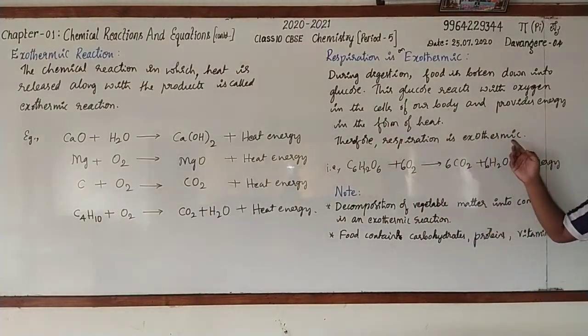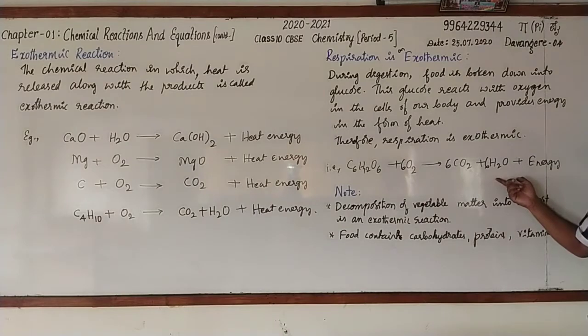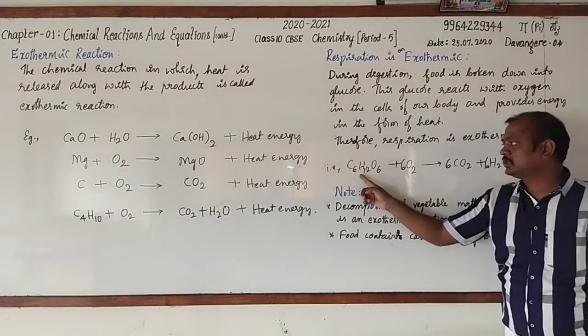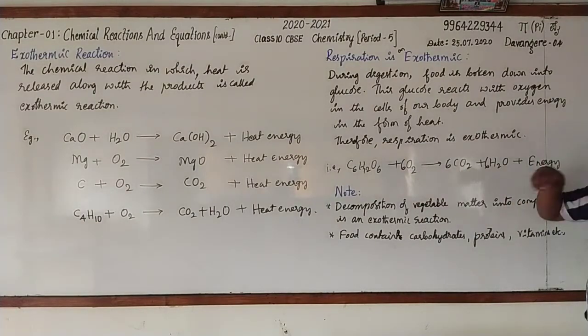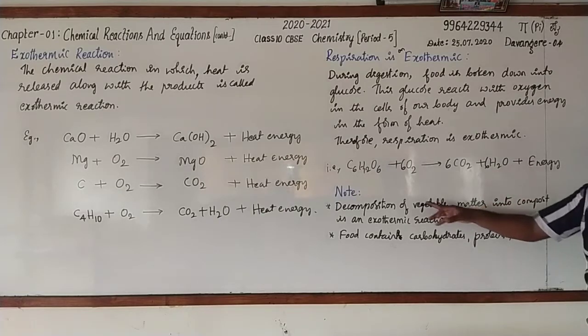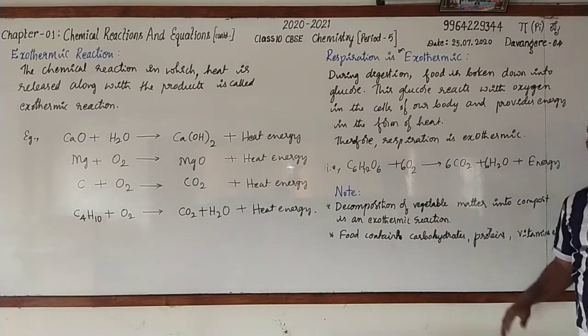Therefore, respiration and digestion is an exothermic reaction. And the chemical equation has been written with respect to this. Glucose C6H12O6 plus O2 oxygen gives rise to carbon dioxide plus water plus energy. Then here we have written 2 more points. You can go through them.